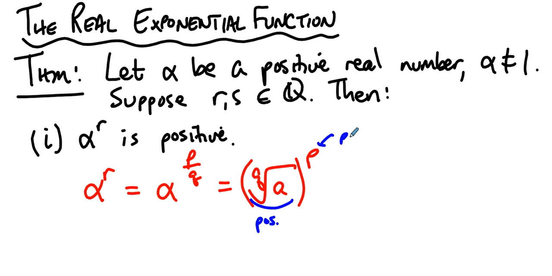And it's going to some integer power. So we raise a positive number to an integer power. This number must be greater than 0. So we are certain that that must be.